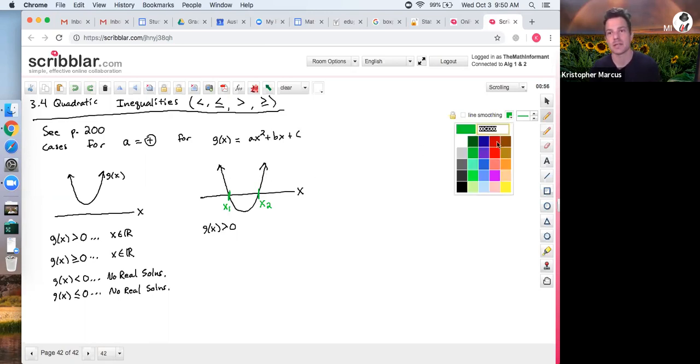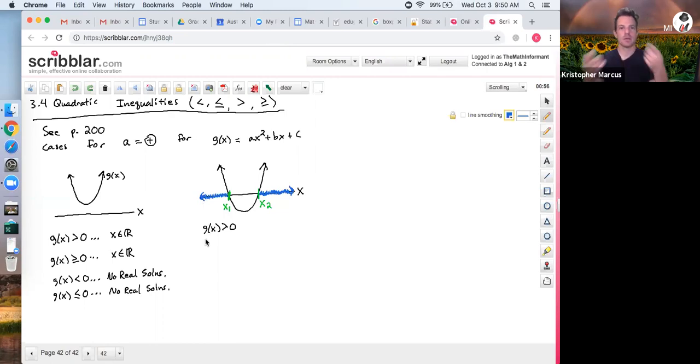Where is that occurring? We're going to color this in with, let's go blue. All the x's that are right here cause the heights to be positive. All the x's that are over here cause the heights to be positive. So as we keep moving in both directions outward, those x's cause heights to be positive.